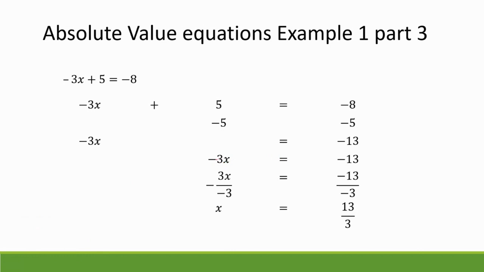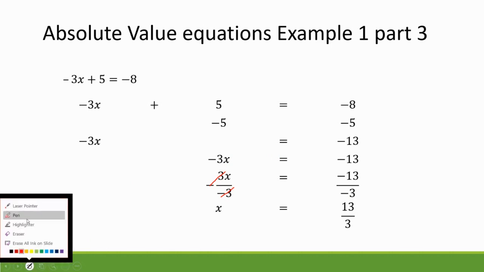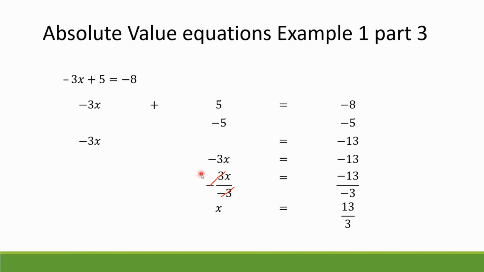How do we get the negative 3 out of there? Divide. We divide both sides by negative 3. On the left, these cancel. You get x equals 13 over 3. So that's the first equation solved.